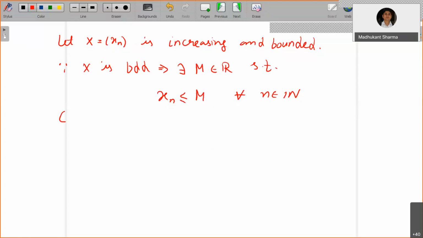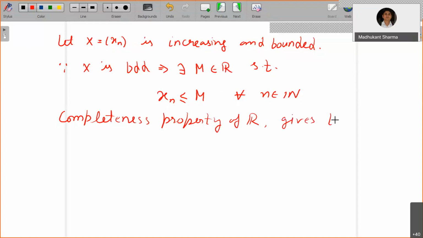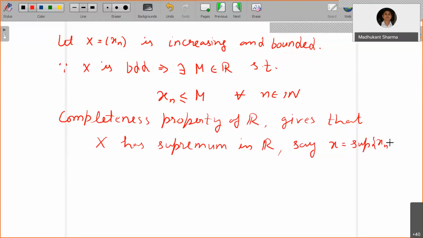The completeness property of R gives that X has a supremum. Let's say X is equal to the supremum of the set xn such that n belongs to the natural numbers.